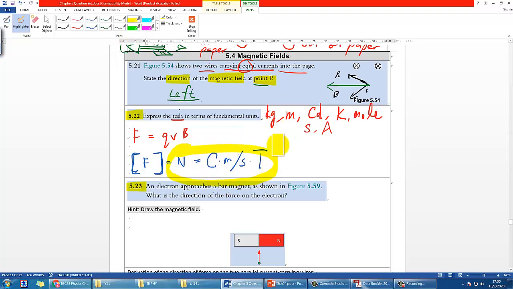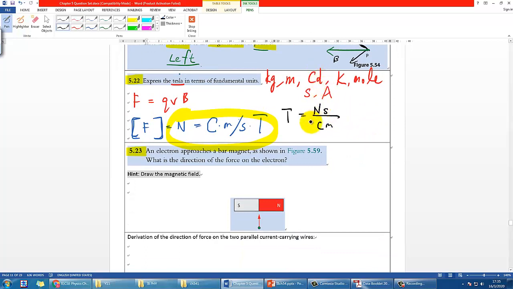Okay, so once we get this, then we can rearrange it so that we have Tesla T equals Newton divided by C meter per second. And since you can see on the right hand side here, these are not fundamental units.